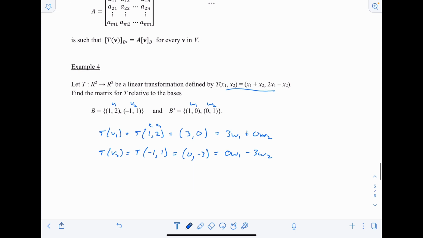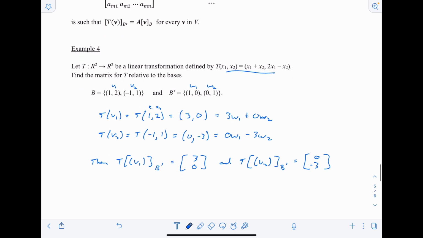So then, T of V1 relative to B prime is going to be 3, 0, and T of V2 relative to B prime is going to be 0, negative 3.